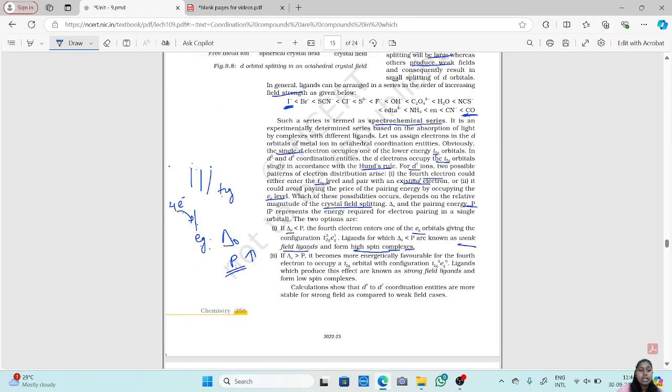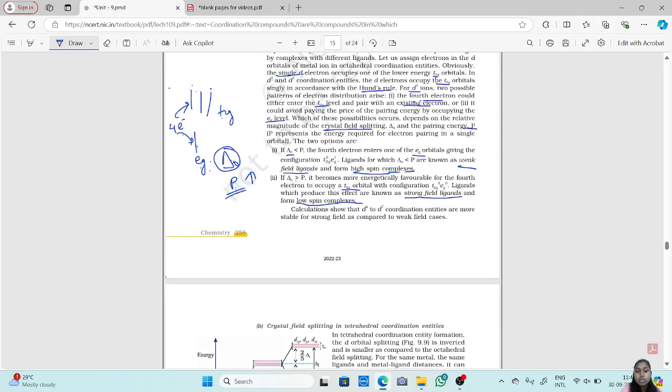If delta naught is greater than P, it becomes more energetically favorable for the fourth electron to occupy the t2g orbital. So here the fourth electron will go and pair with the t2g electrons, giving an electronic configuration of t2g4 eg0. Ligands which produce this effect are known as strong field ligands and form low spin complexes.